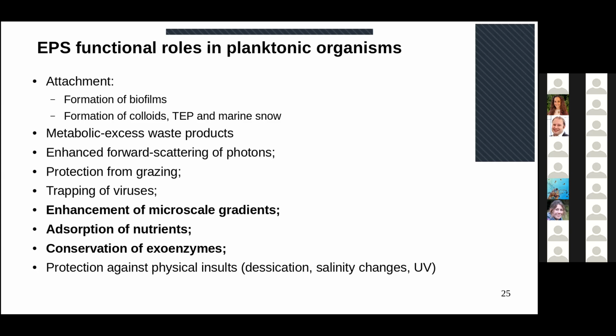I think that viscosity is quite relevant to some of these functional roles, and actually could add some more roles to this list. So I'm going to center now on what could be the ecological relevance of this EPS in the phycosphere.